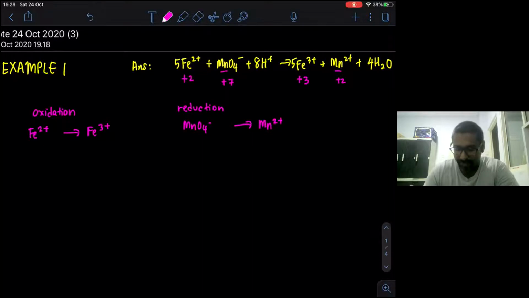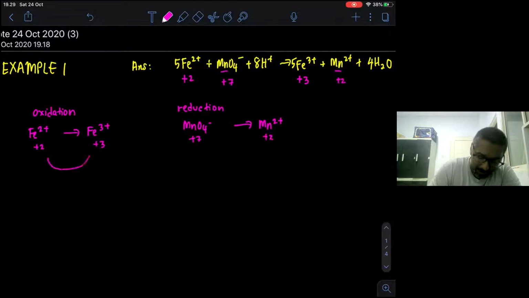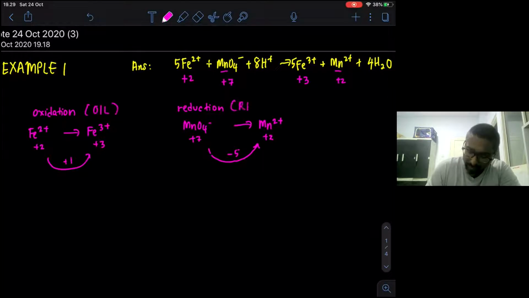Now what we need to do is write down +2, +3, and this is +7, this is +2. So what is happening in the oxidation and reduction? This is oxidation, an increase by 1 unit, and this is decreased by 5 units. Please remember this. In terms of electrons, remember OIL RIG: oxidation is loss of electrons, reduction is gain of electrons.